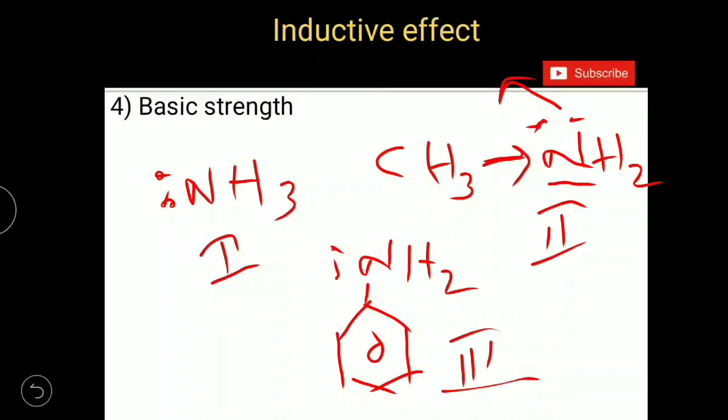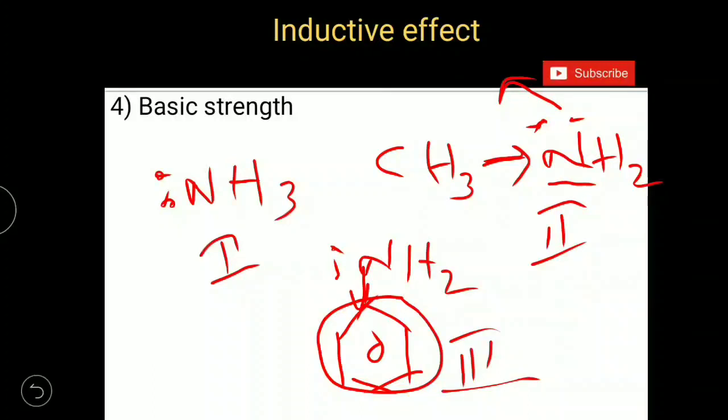And when you come to aniline, in aniline this NH2 group is bonded to a phenyl group, and phenyl group is an electron withdrawing group. So as the electrons are withdrawn from nitrogen, nitrogen is becoming electron deficient, and electron deficient atoms cannot donate the electron pairs to other compounds easily.